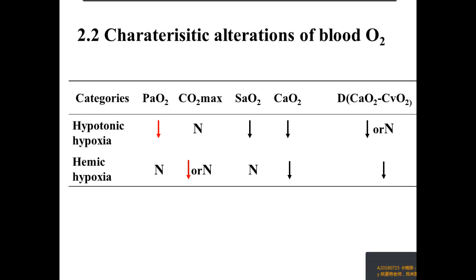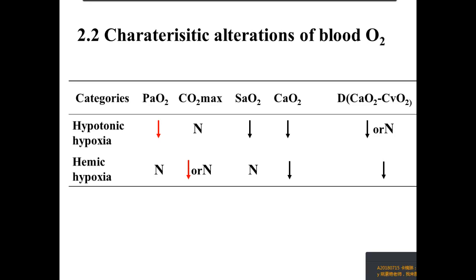Now hemic hypoxia, because of anemia, carbon monoxide poisoning, and methemoglobinemia. Inspired oxygen is normal and external respiration is normal, so the partial pressure of oxygen is normal. Oxygen binding capacity decreases or is normal; decrease refers to carbon monoxide poisoning. The parameter refers to standard conditions.